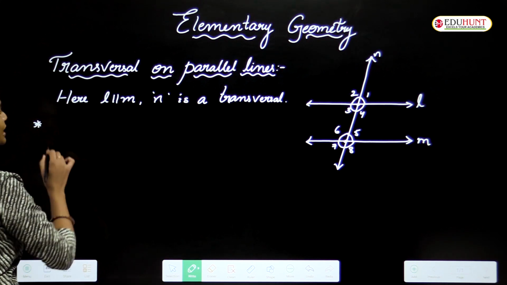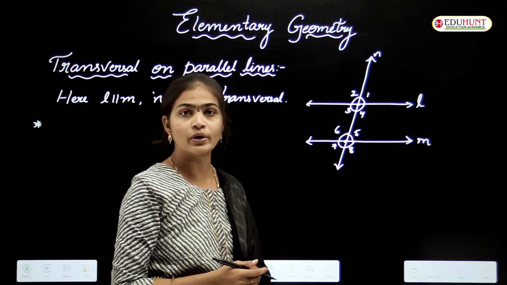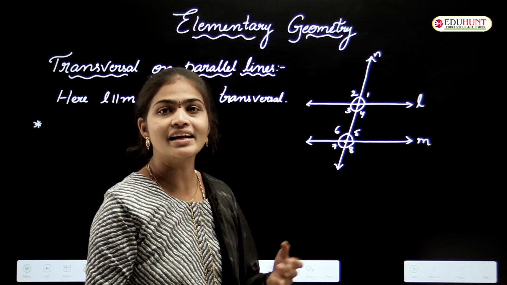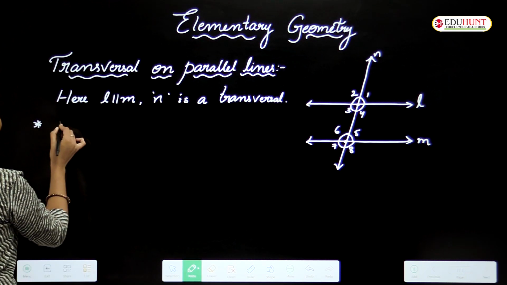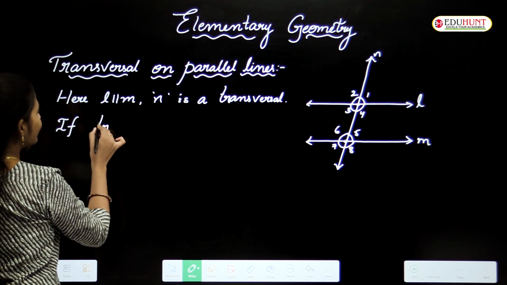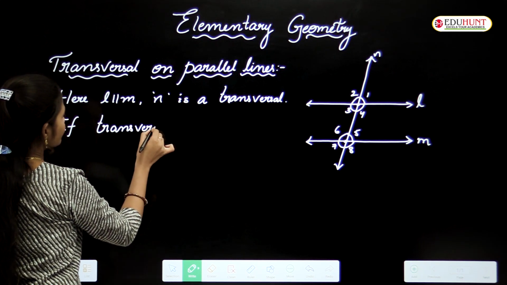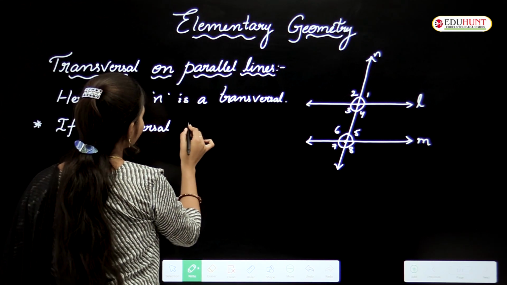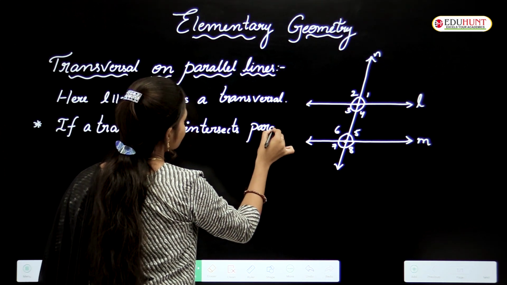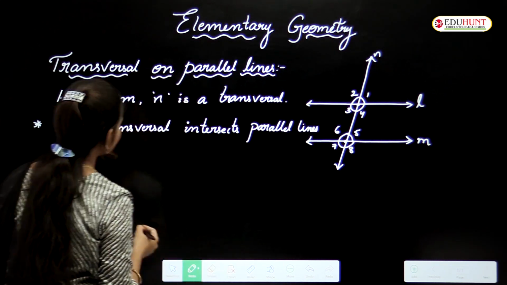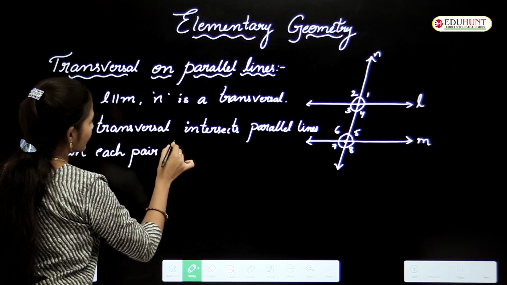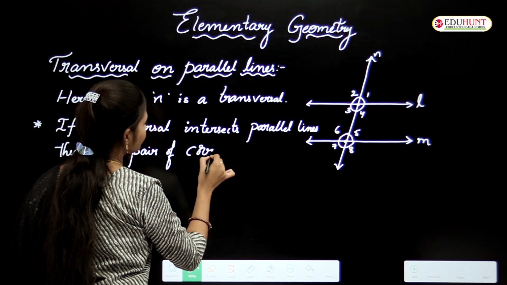The first condition is, if a transversal intersects parallel lines, then each pair of corresponding angles are equal.